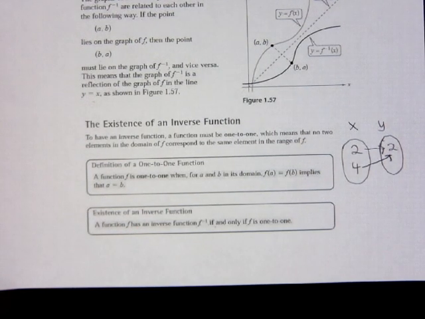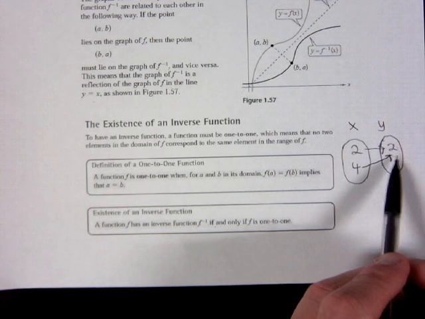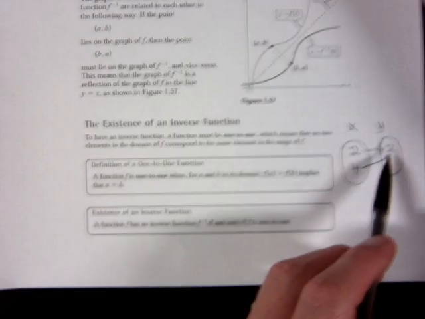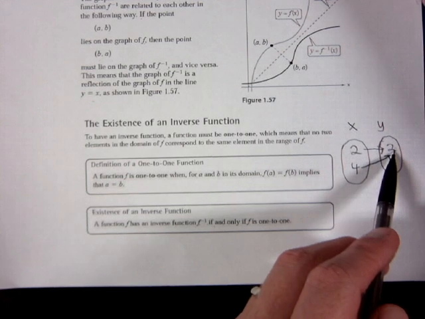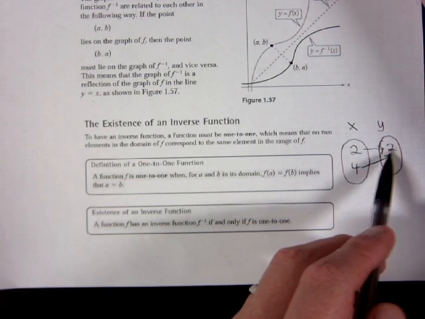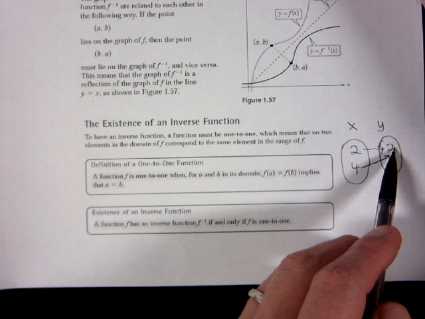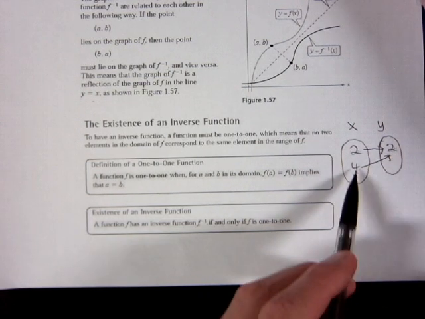Now, here's the reason why the function has to be 1-to-1 or it doesn't have an inverse. Remember, the inverse function undoes what the original function did. If I reverse it, if I start with 2 and try to do the inverse, 2 goes to 2, and 2 goes to 4.